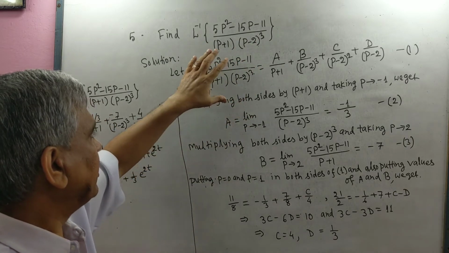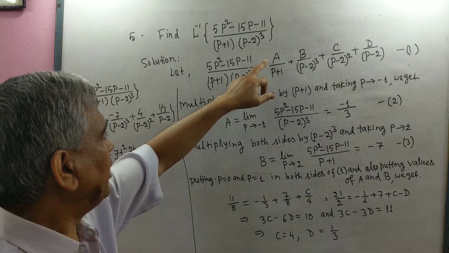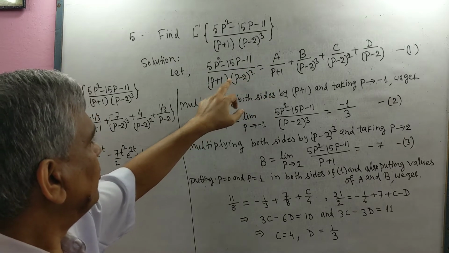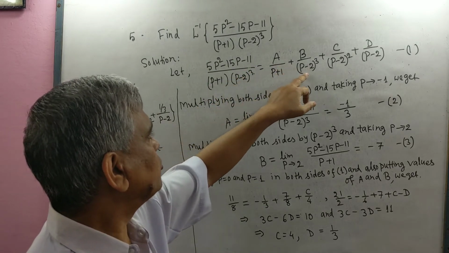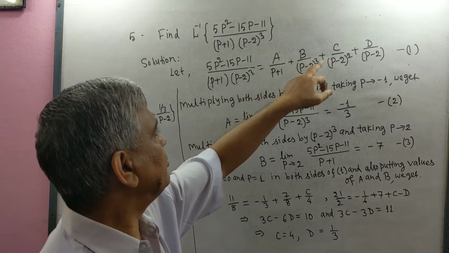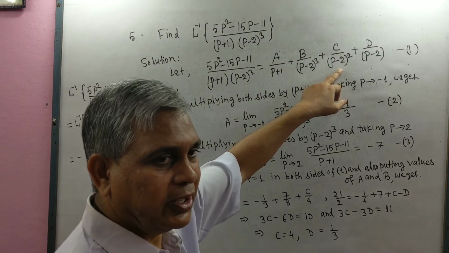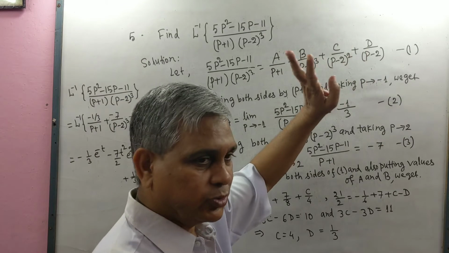We make it as partial fractions: a by p plus 1, b by p minus 2 whole cube, plus c by p minus 2 whole square, plus d by p minus 2.